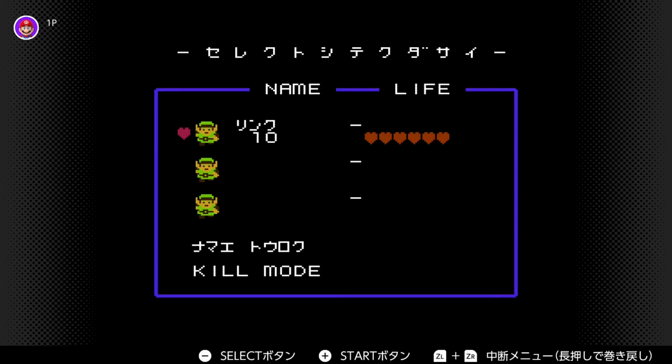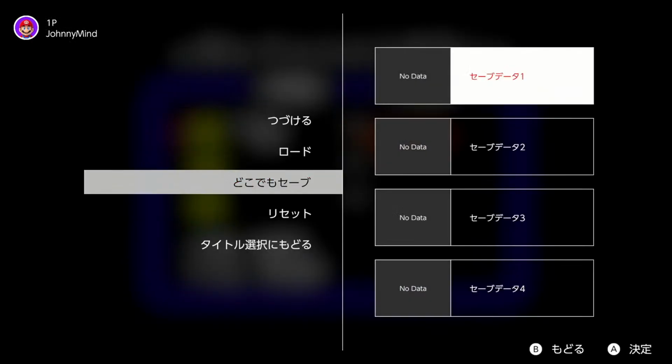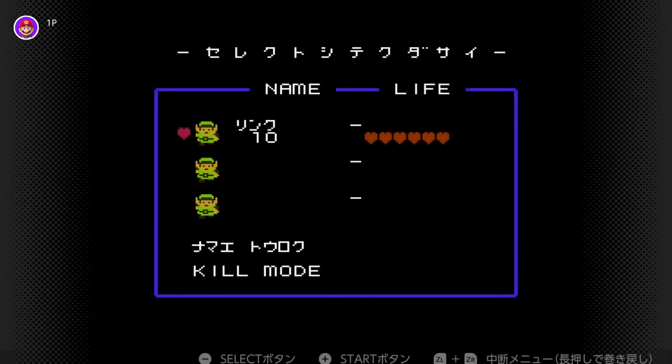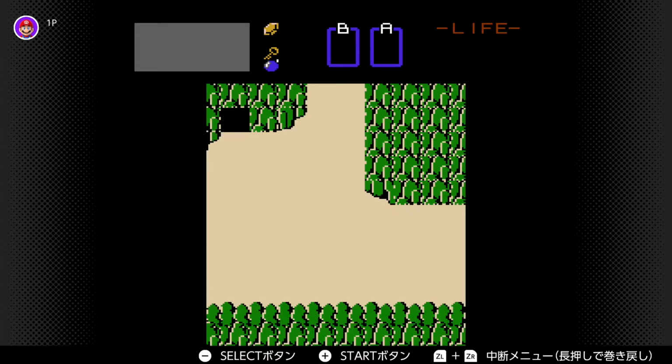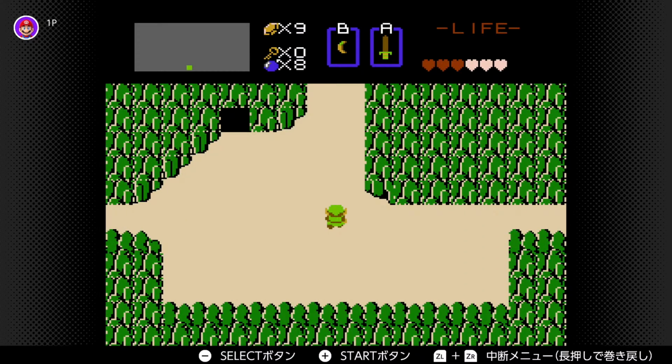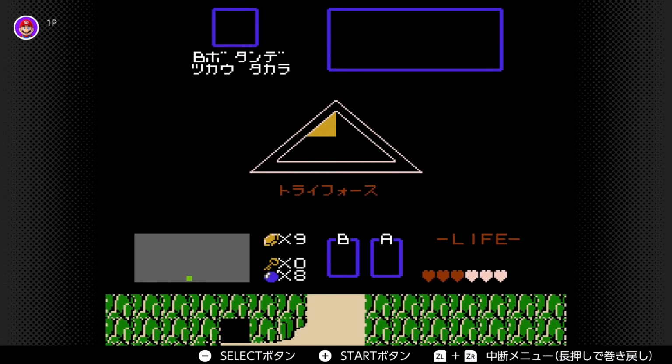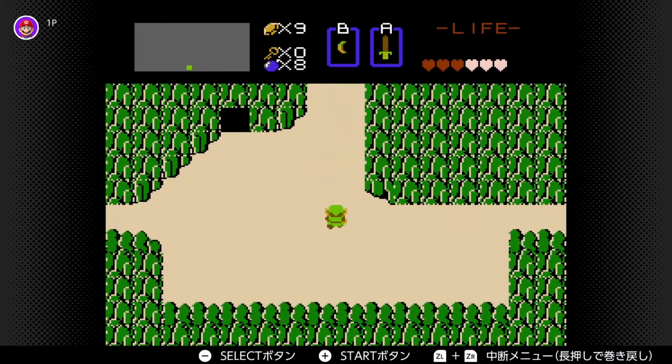But to be sure, I'll be saving also this way. Let's start it back for a second and see if we have everything. Yep, we have everything.